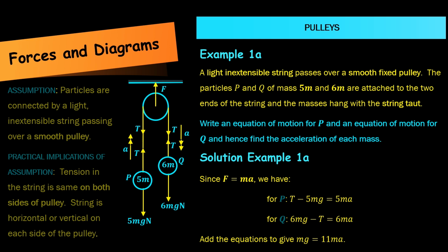We're now going to solve for a and for T. We have two equations in two unknowns. Adding the equations gives us mg equals 11ma. And therefore, a equals g over 11.